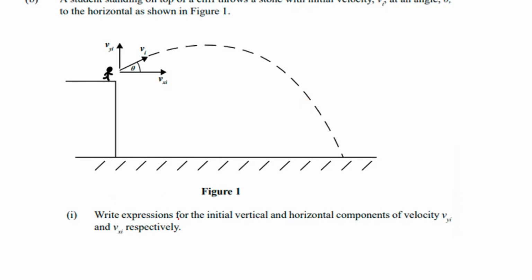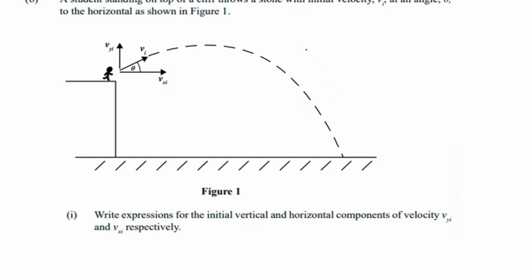Now they want you to write expressions for the initial vertical and horizontal components of the velocity. In essence, they want you to do the same thing we did previously: resolve the vectors, but you're not going to put any values. So if they say with respect to vxi and so on, just make sure that whenever you're writing those things, it is reflected there.